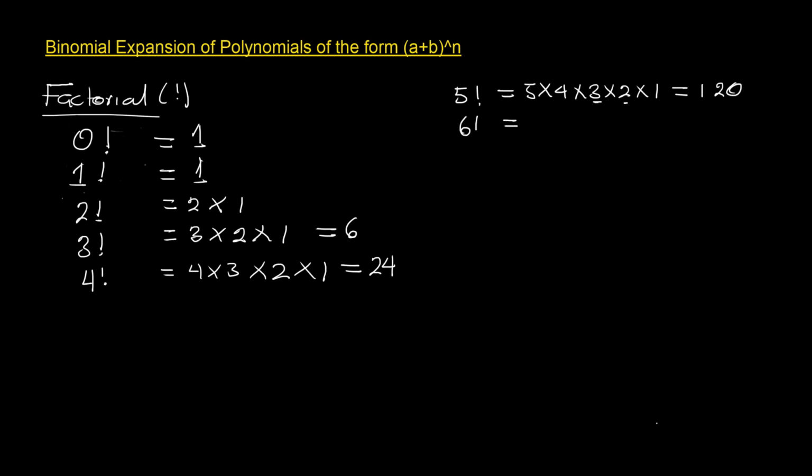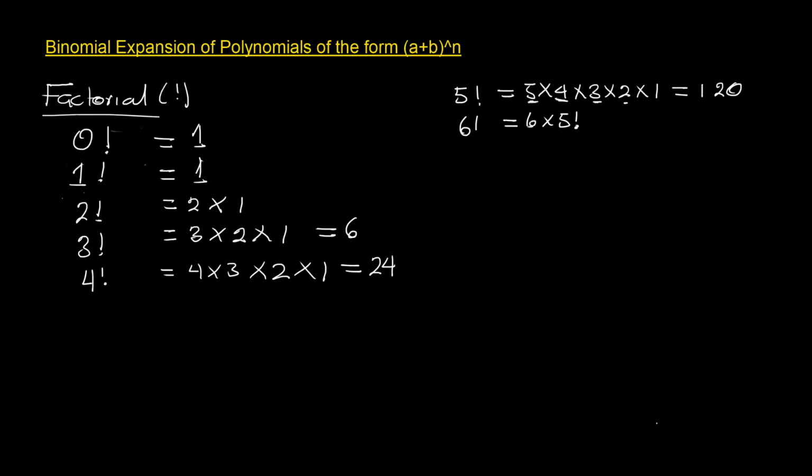Factorial of 6 is defined as 6 times the factorial of 5. If we look at the procedure, how we found the factorial of 5, we multiplied 5 times 4 times 3 times 2 times 1.